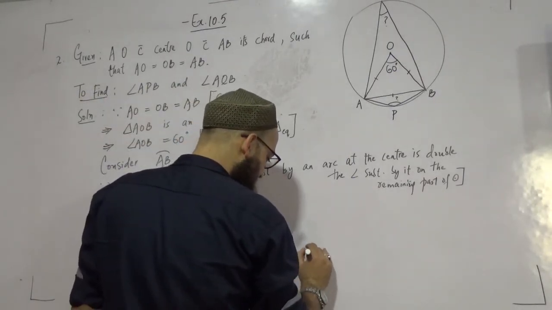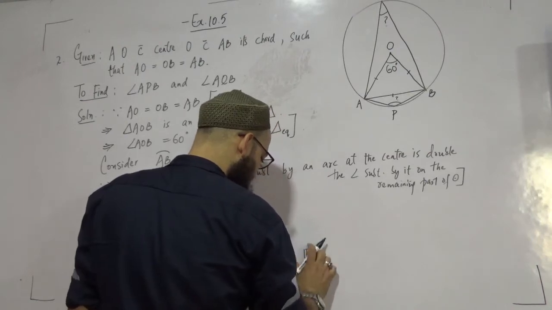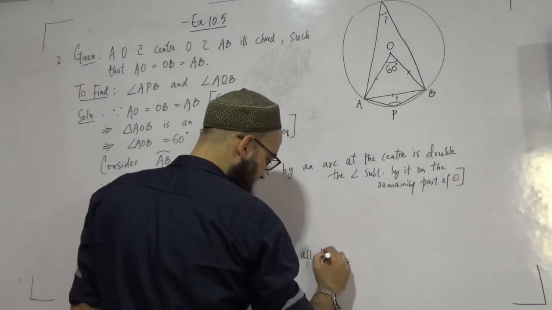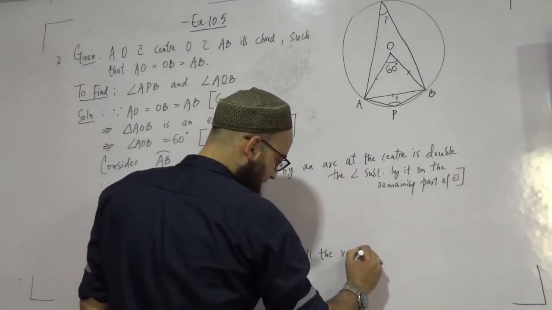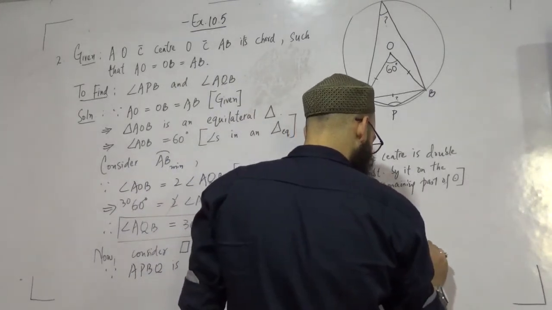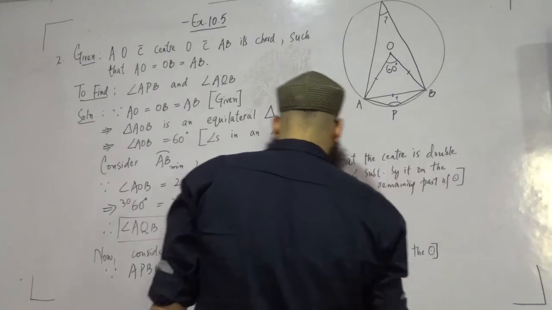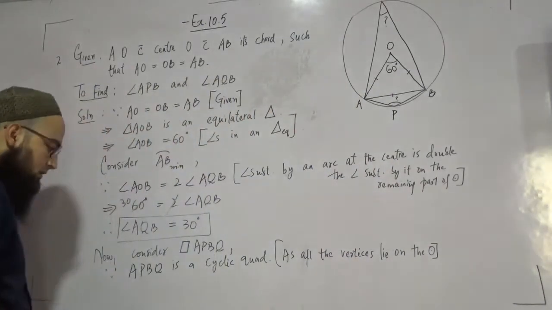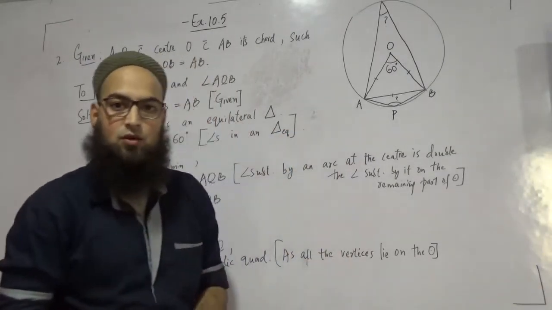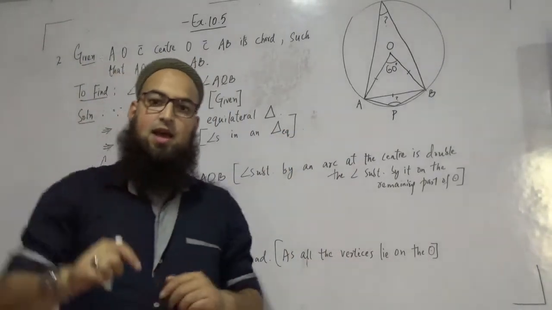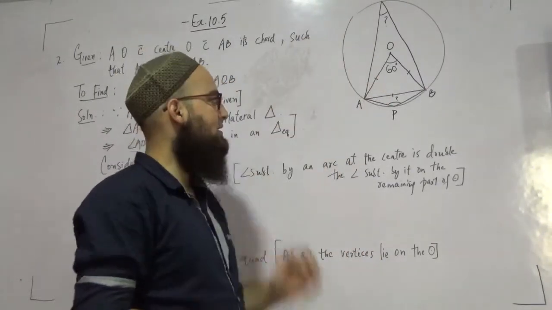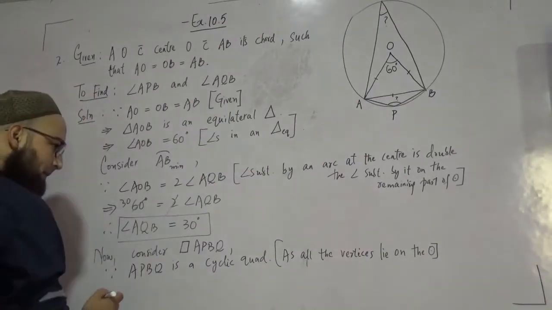All the vertices lie on the circle. Now if APBQ is a cyclic quadrilateral, you know the property of a cyclic quadrilateral, that the opposite angles in a cyclic quadrilateral are supplementary. That means this plus this is supplementary.